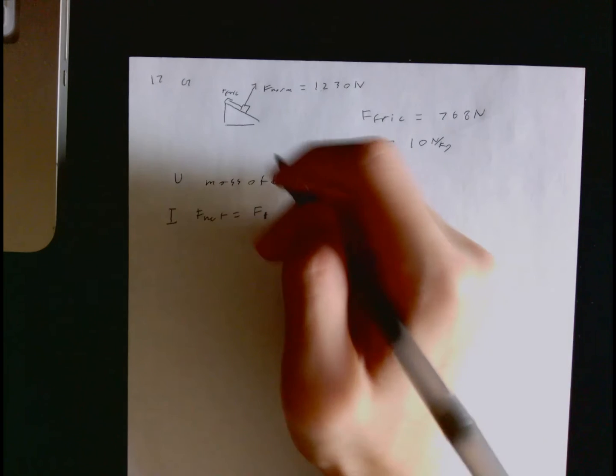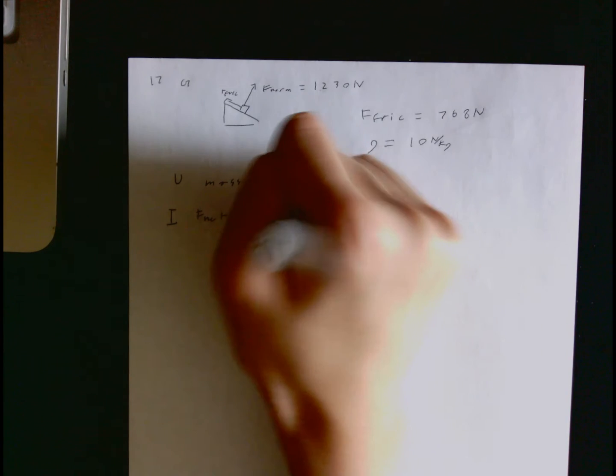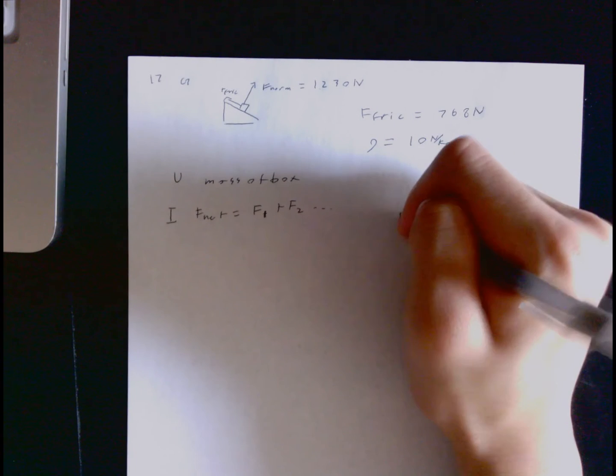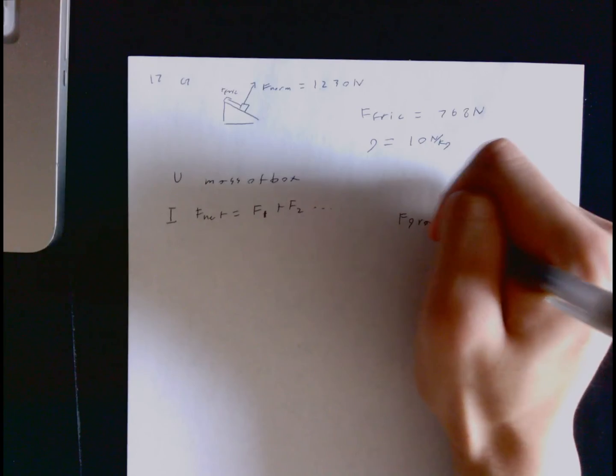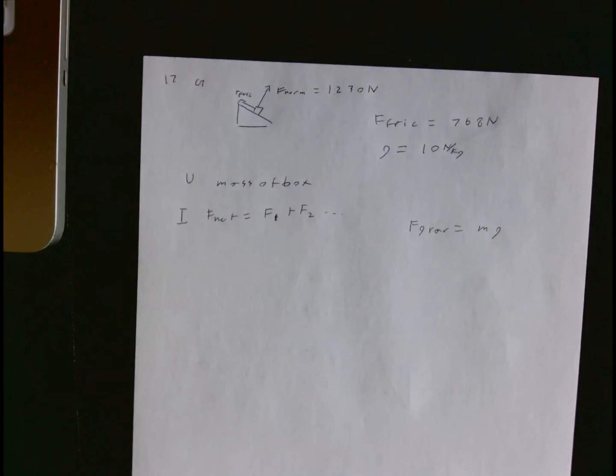They both have to cancel out. You also have to remember that the force of gravity is equal to mass times g. And finally, if an object is at rest and it stays at rest, that means that the net force acting on it must be 0.